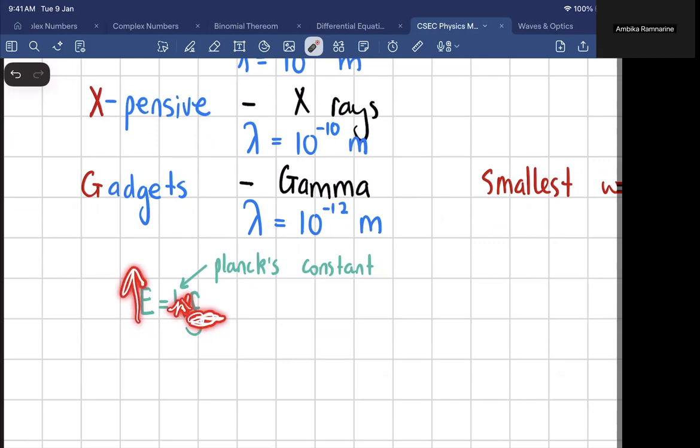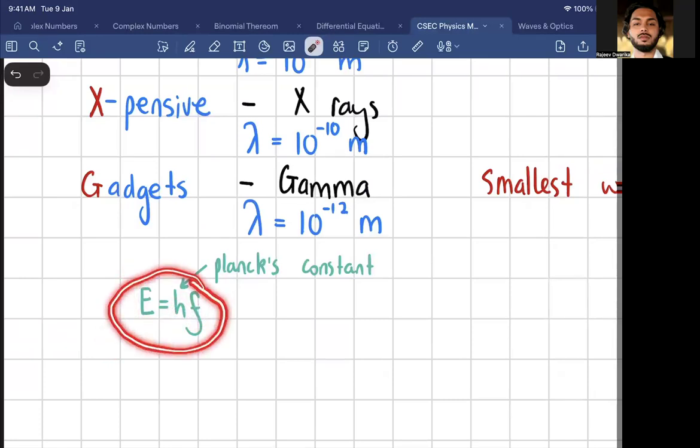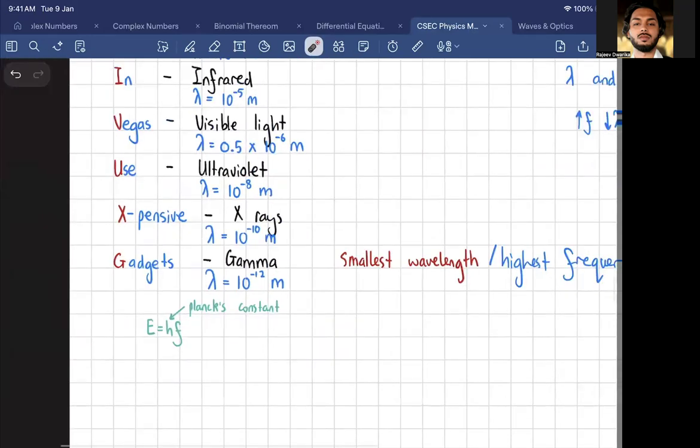Yes, it would. If you plug in a small value here, wouldn't this drop? So this is a directly proportional relationship. Based on this, the greater the frequency, the what? Increase the energy. Yeah.